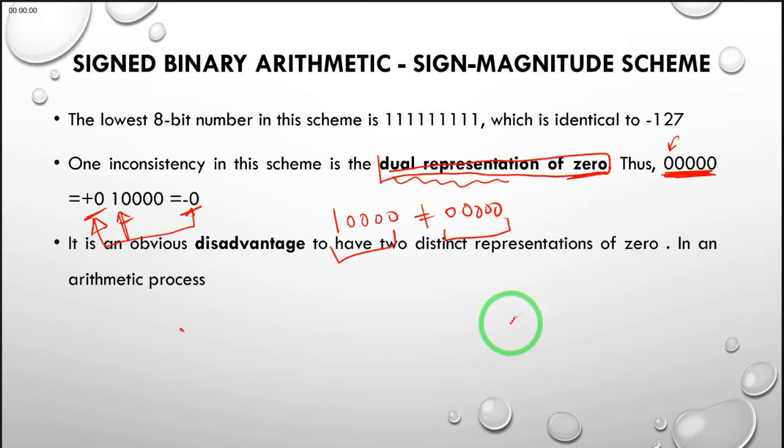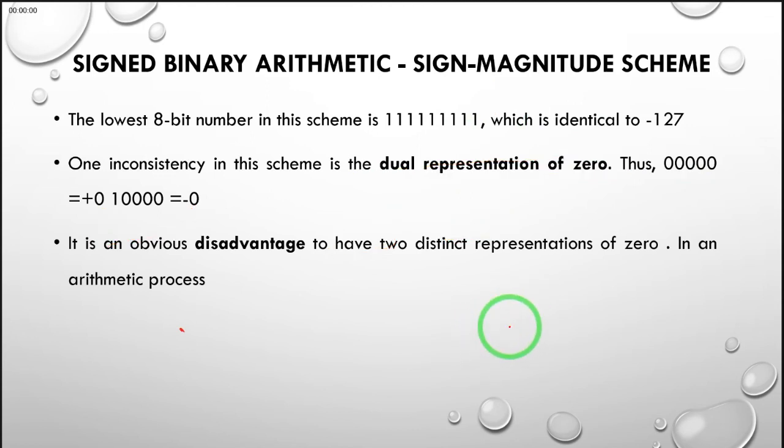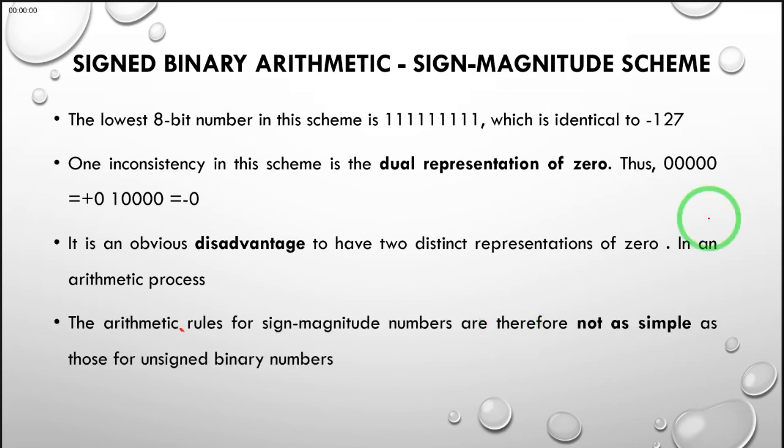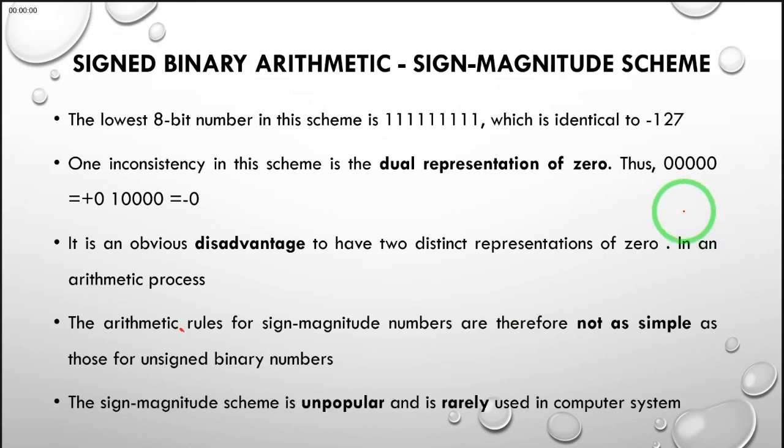It is an obvious disadvantage to have two distinct representations of zero, because in an arithmetic process we don't want such inconsistency. The arithmetic rules for sign magnitude are therefore not as simple, they become a little complex, and so the signed magnitude scheme is rarely used in computer systems because of such a simple issue of representing a signed zero.